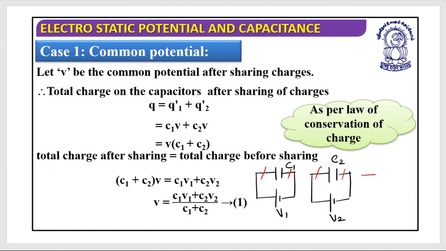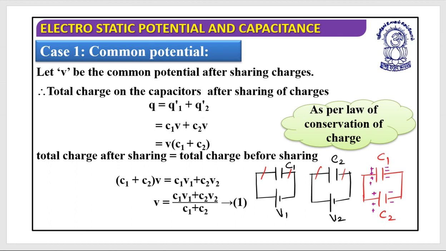Now I'm going to connect these two capacitors in parallel to each other. This is the first capacitor and this is the second capacitor. One more thing to focus on: this is the positively charged plate and this is the negatively charged plate, and C2 also has a positively charged plate here and a negatively charged plate here.